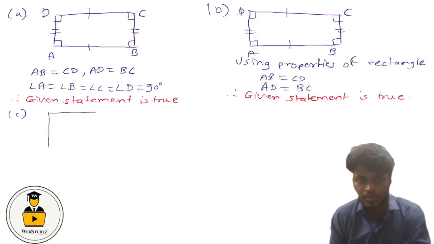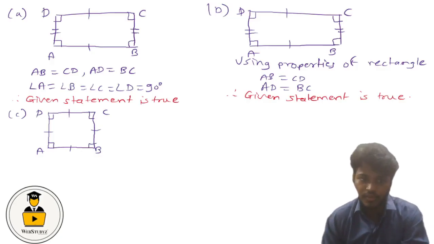Let us assume that this is a square ABCD, and we know that all the sides of a square are equal in length, and all the angles of the square are 90 degrees. Now let us draw the diagonals.